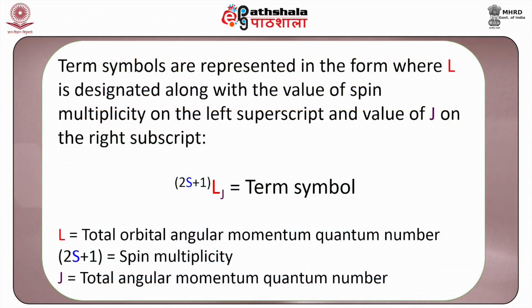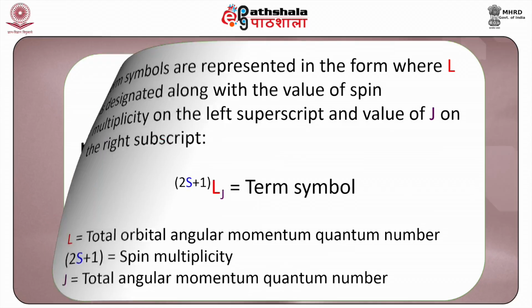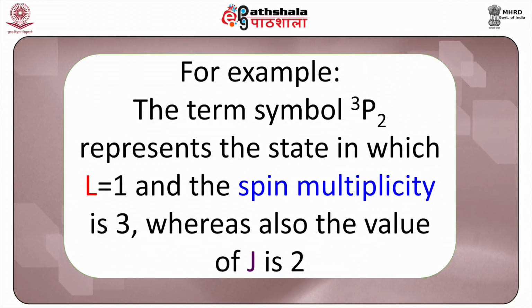Term symbols are represented in the form where capital L is designated along with the value of spin multiplicity on the left superscript and the value of J on the right subscript. For example, the term symbol triplet P2 represents the state in which L = 1 corresponding to P, the spin multiplicity is 3, and the value of J is 2.